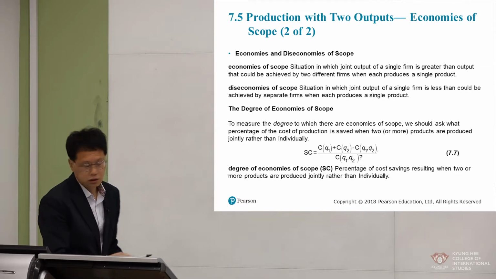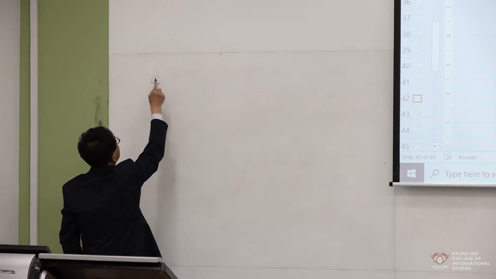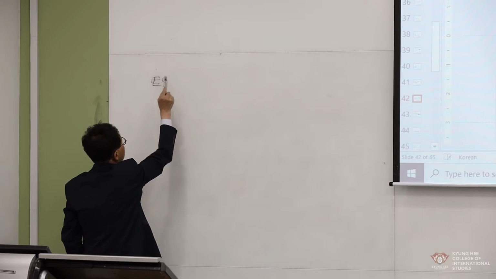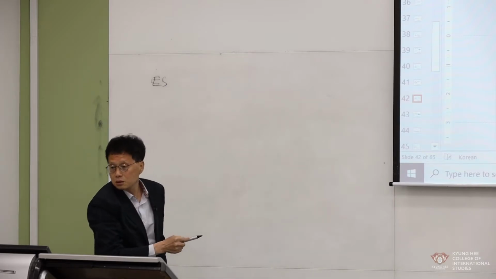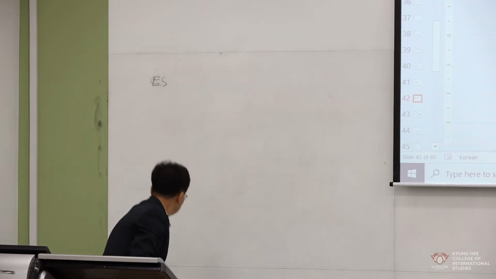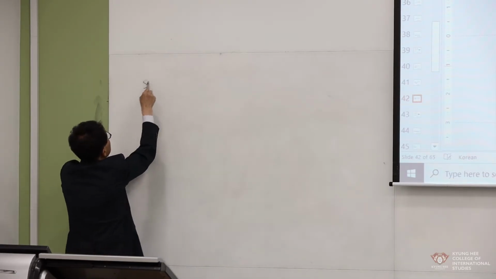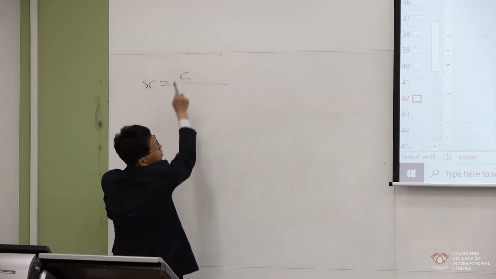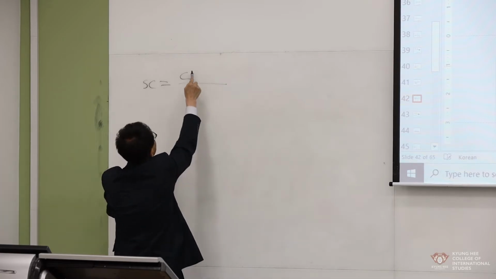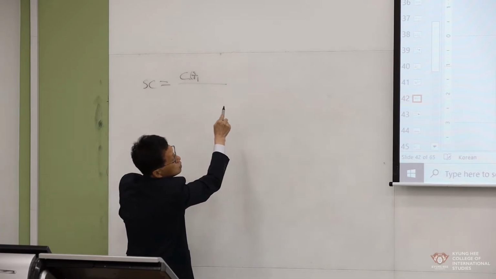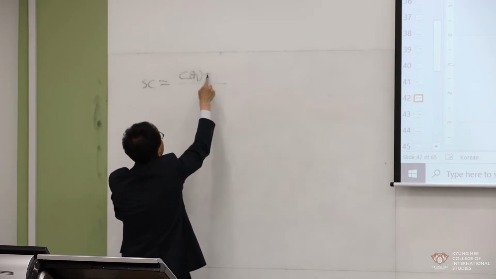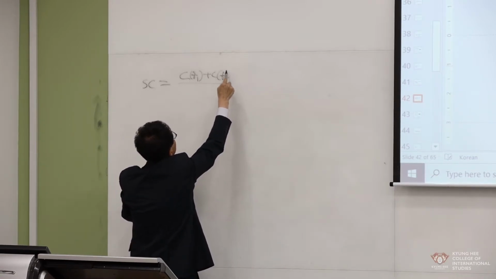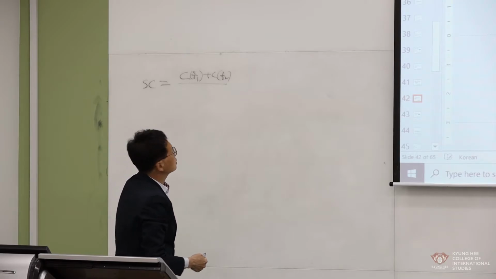I'm sorry, economies of scope, not scale, scope, right? So SC, I'm sorry. Economies of scope is defined by the cost of producing Q1 plus the cost of producing Q2 by separate firms, right?